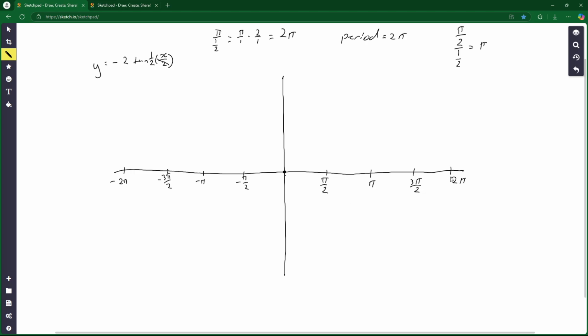If you look at our x points on here, if we go ahead and write these out, pi over 2 over 1 over 2 is just going to equal pi, and then 3 pi over 2, or if we do pi over 1 over 2, that is going to give us... I think that's really just going to give us anything.